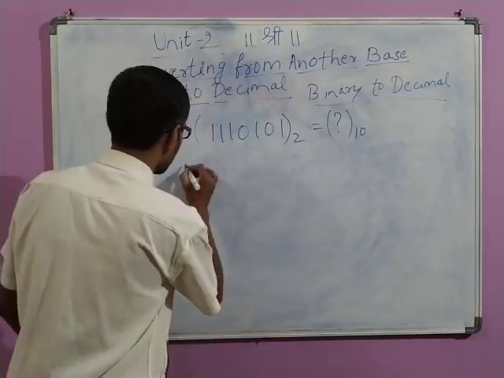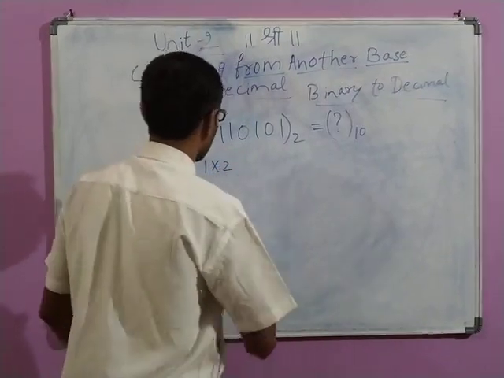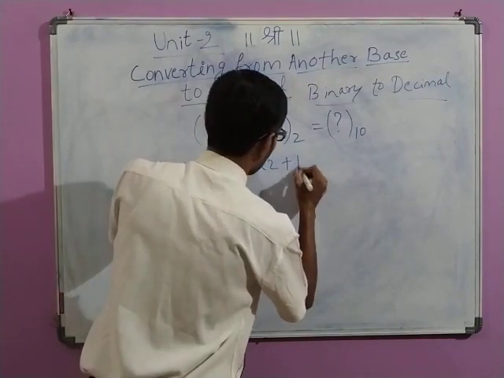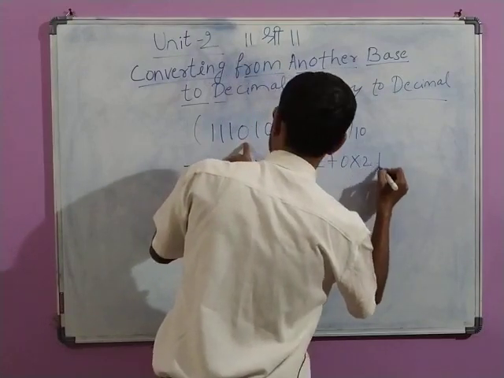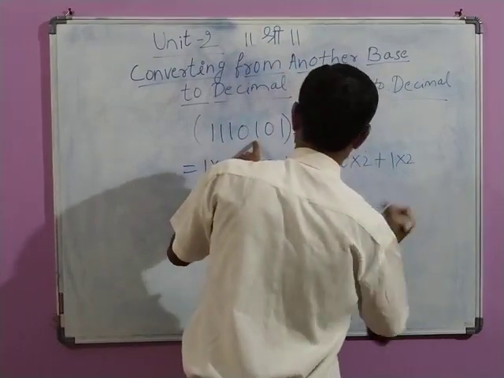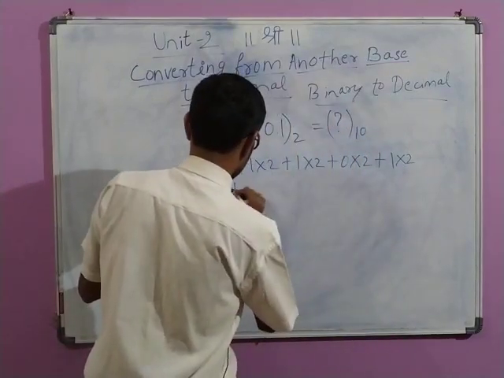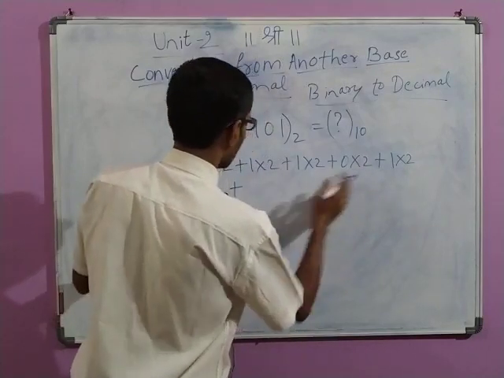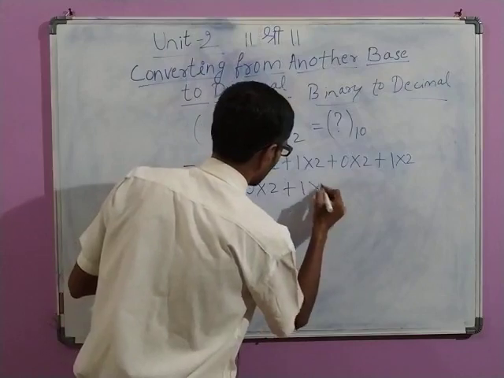So you go on taking the digits and multiplying with the positional values. 1 into 2 plus 1 into 2 plus 0 into 2 plus 1 into 2 plus 1 into 2 plus 0 into 2 plus 1 into 2.